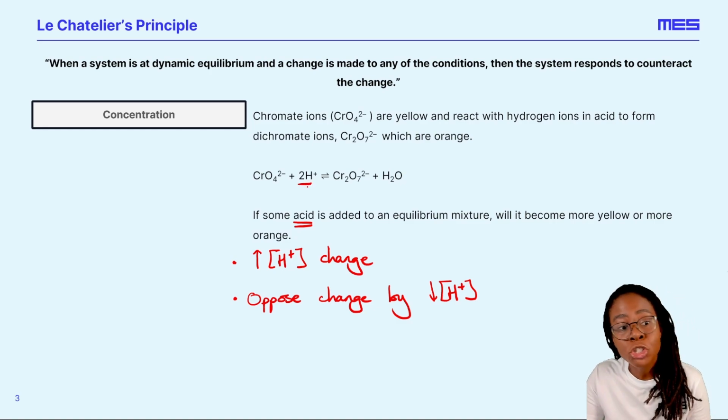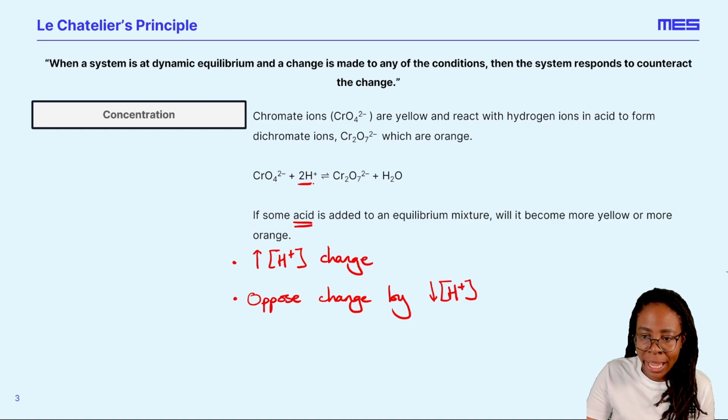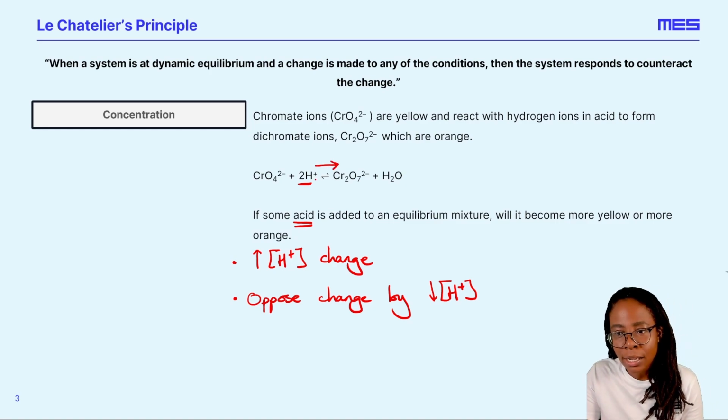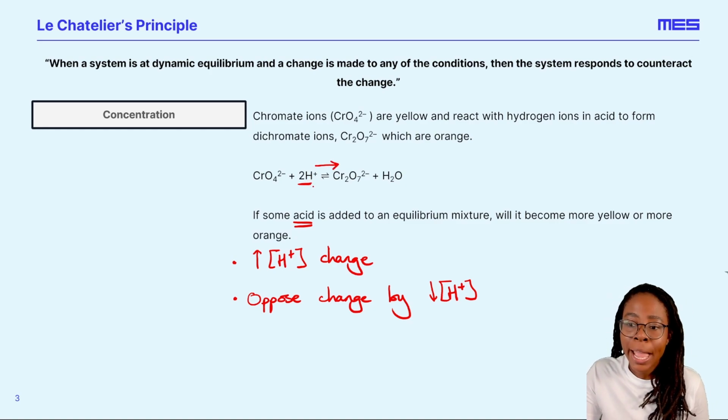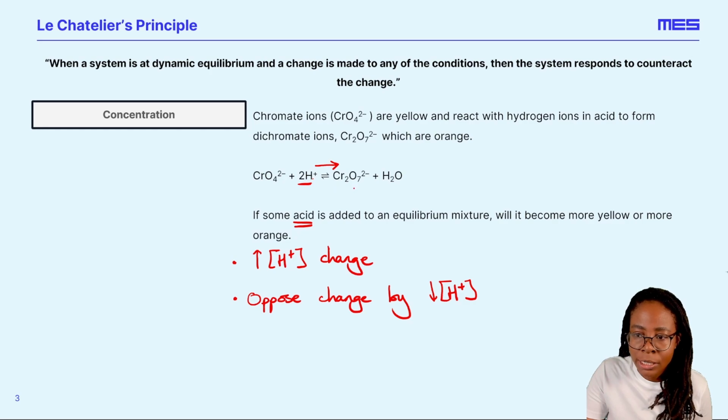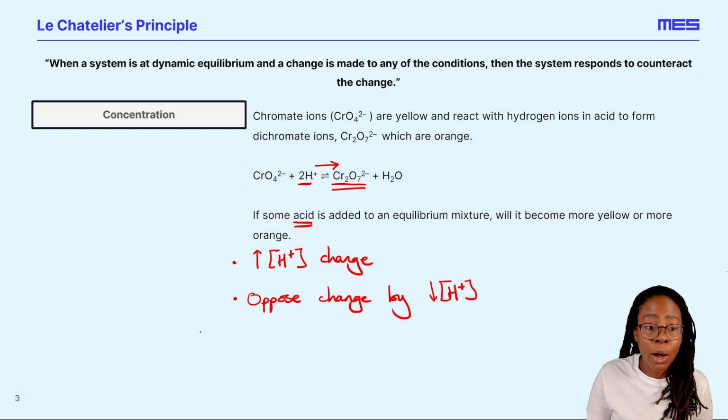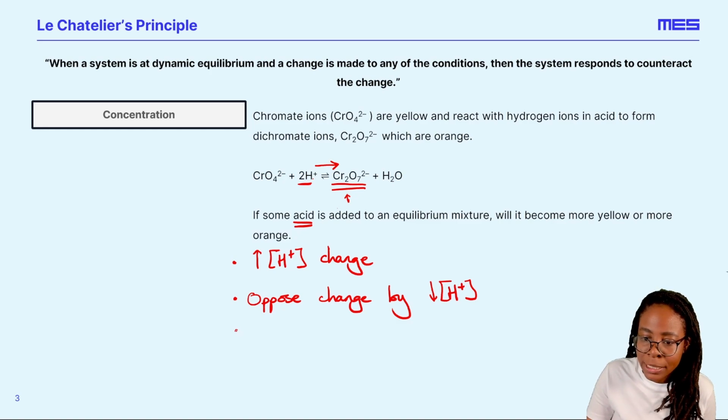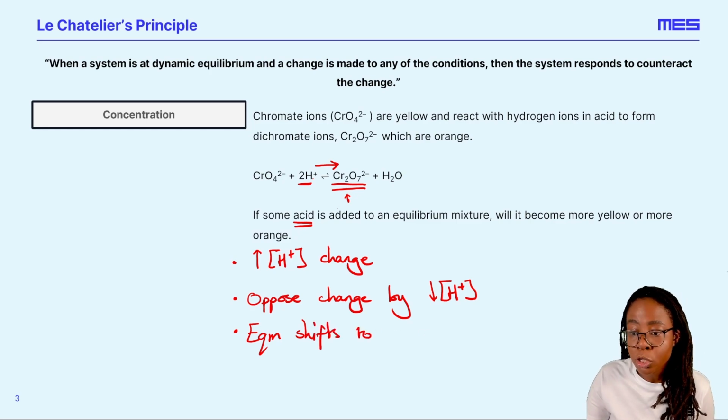Well, we're going to have to shift to the side of the reaction where there isn't any H plus. We're going to have to use that H plus up, which means we're going to have to shift the equilibrium to the right-hand side, which would use up any of those added H plus ions, giving us more of our dichromate ions. So we oppose the change by decreasing the H plus concentration, by the equilibrium shifting to the right-hand side, or towards the products.